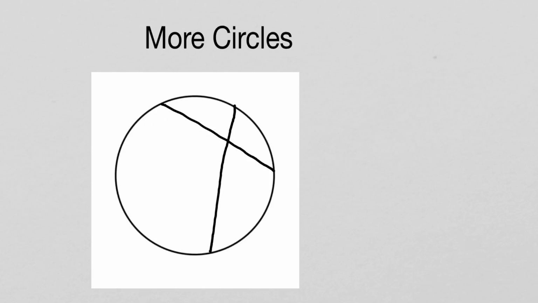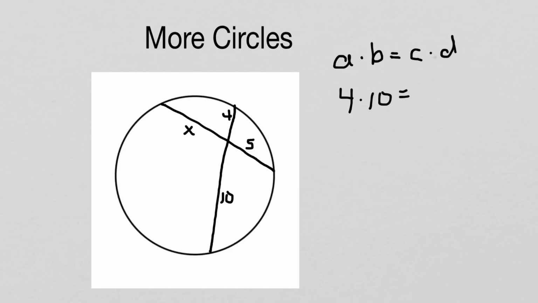On this one, let's call this X. This segment is 10. This short segment here is 5. And this segment is 4. They want us to find X. The formula for this is A times B equals C times D. On this one, that just means 4 times 10 equals 5 times X. AB is a straight line, CD is a straight line.